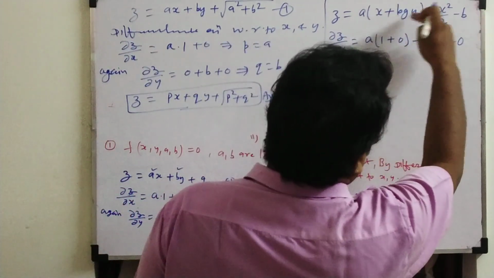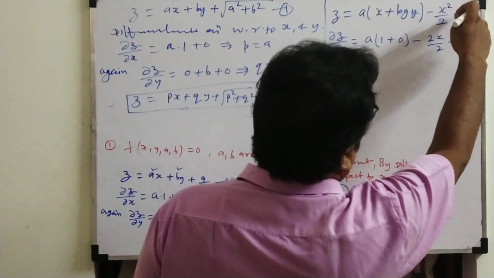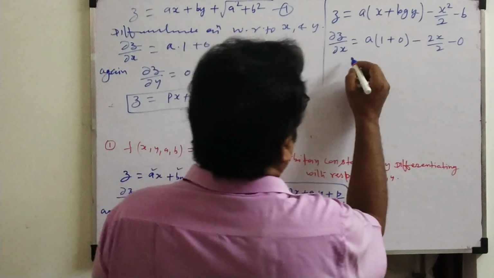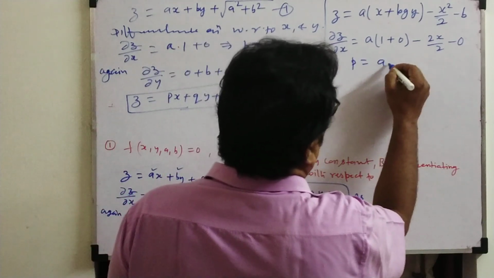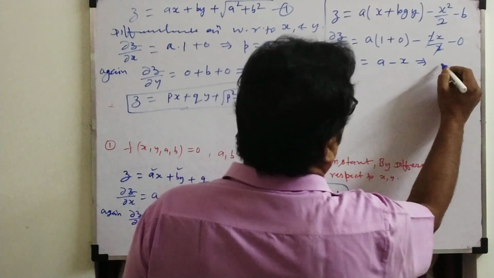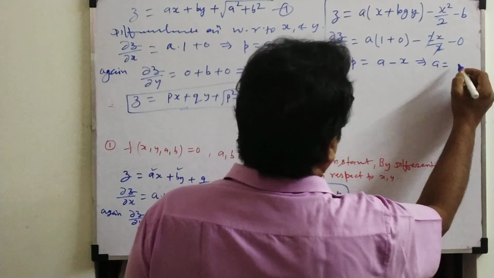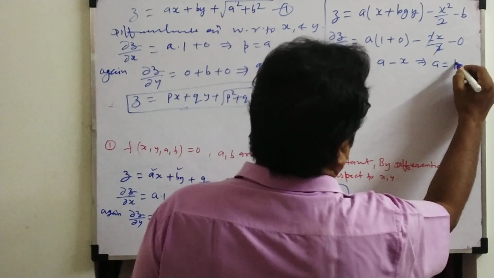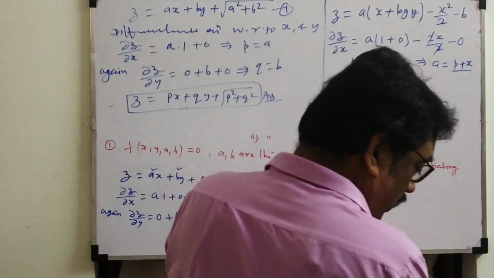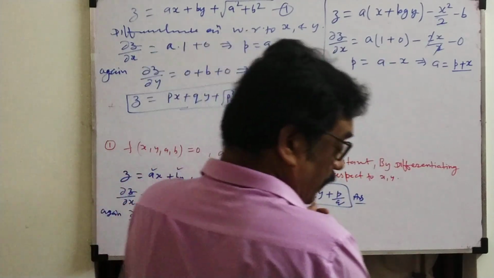The other terms will be 0, this part differentiation will be 2x. X square differentiation 2x. Now just solve it. p equal to a minus x. Then find a, because we have to eliminate the constant now. a is equal to p plus x. A equal to p plus x. So we wrote a is equal to p plus x.